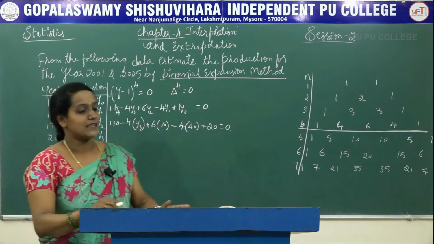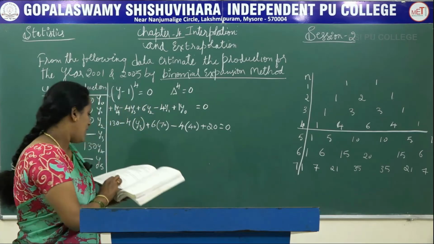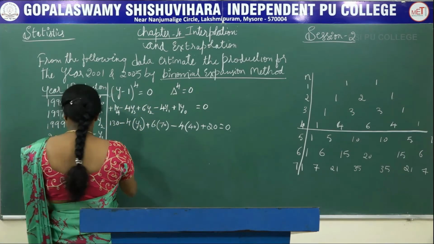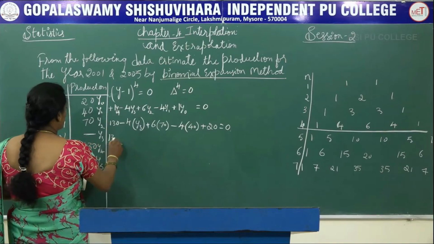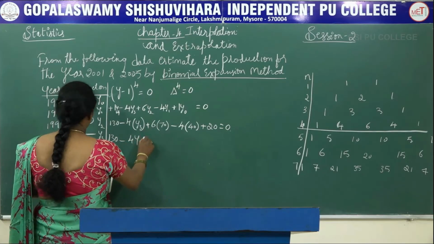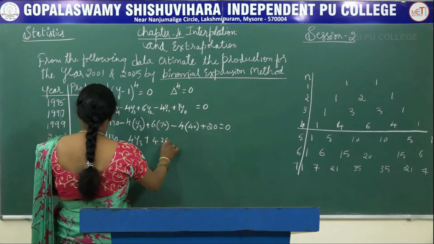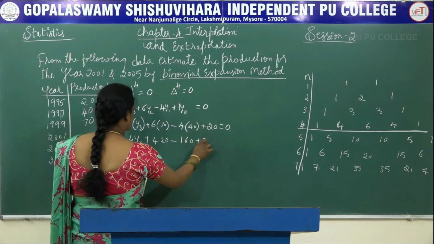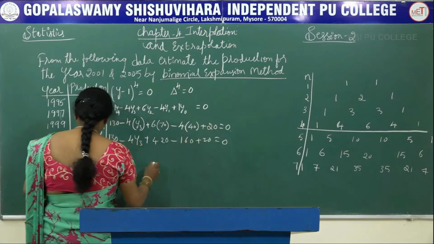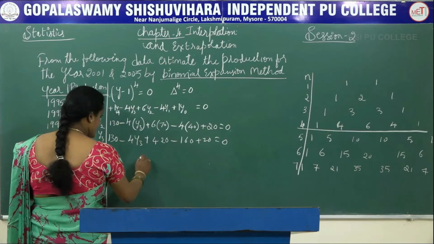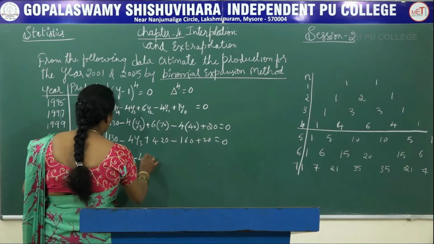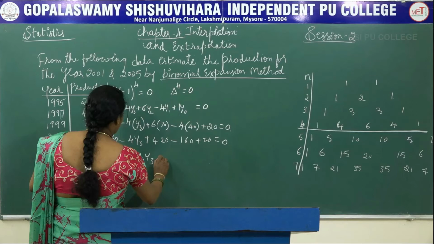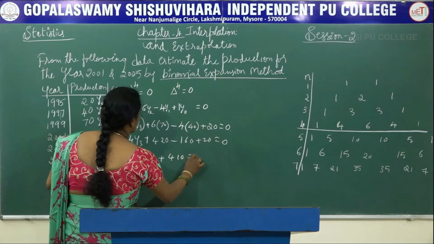After simplifying, we get 130 minus 4y3 plus 420 minus 160 plus 20 equals 0. After the simplification, it is minus 4y3 plus 410 equals 0.